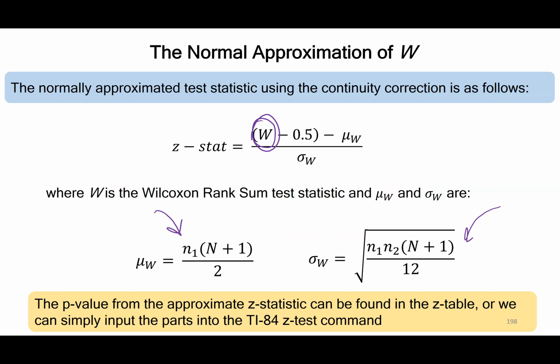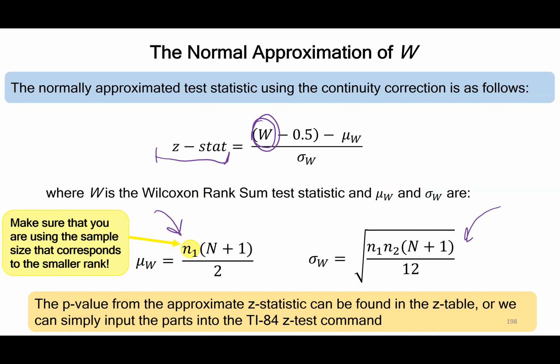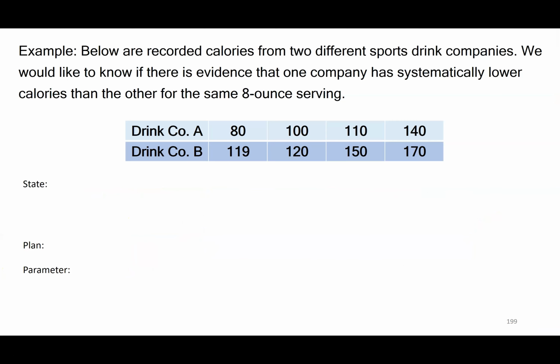Once you get that, you have a z-test statistic. And you can either use a calculator to get a p-value, or you can use a z-table. So once again, make sure that n1 here is going to be whatever sample size goes with the group that has the smaller rank sum.